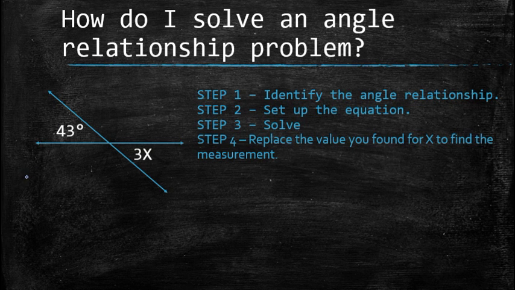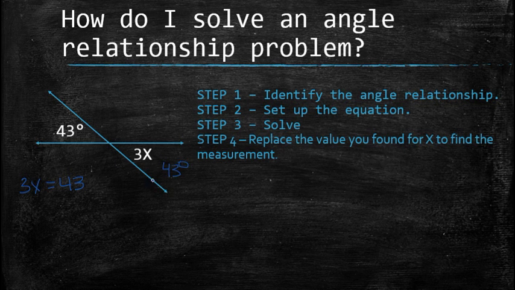However, there is also a way that you can do this, and you will get in depth into this when you start doing 3-step equations and 4-step equations. But here you could actually write it, if you wanted to, as 3x is equal to 43. Now, if you'd like to go ahead and solve that now, you'll notice that when you solve for x and multiply by 3, because it's 3x, you will get 43 degrees.